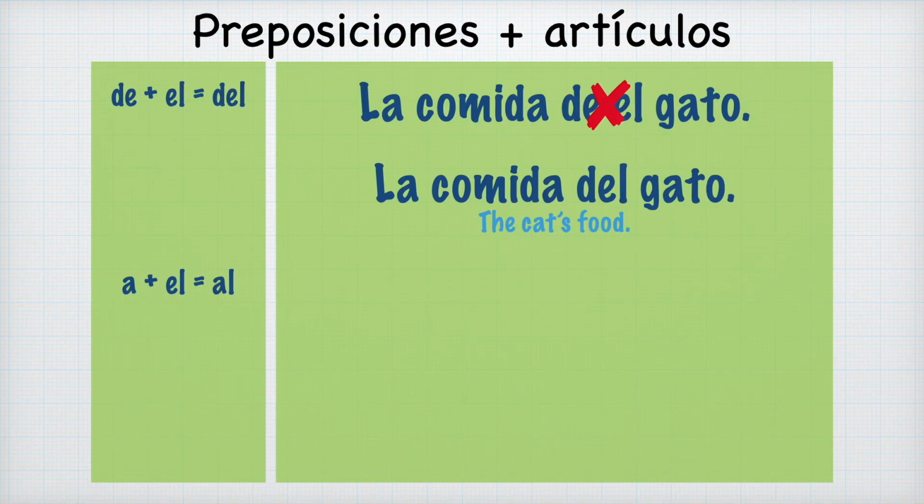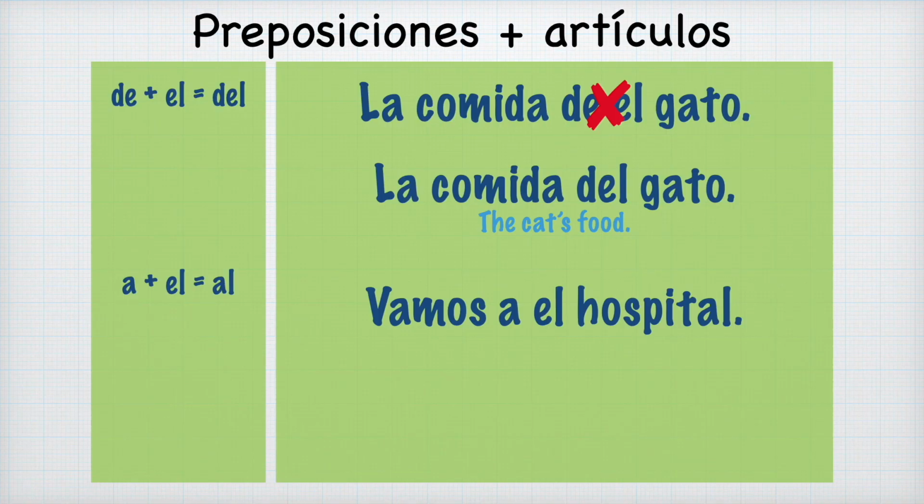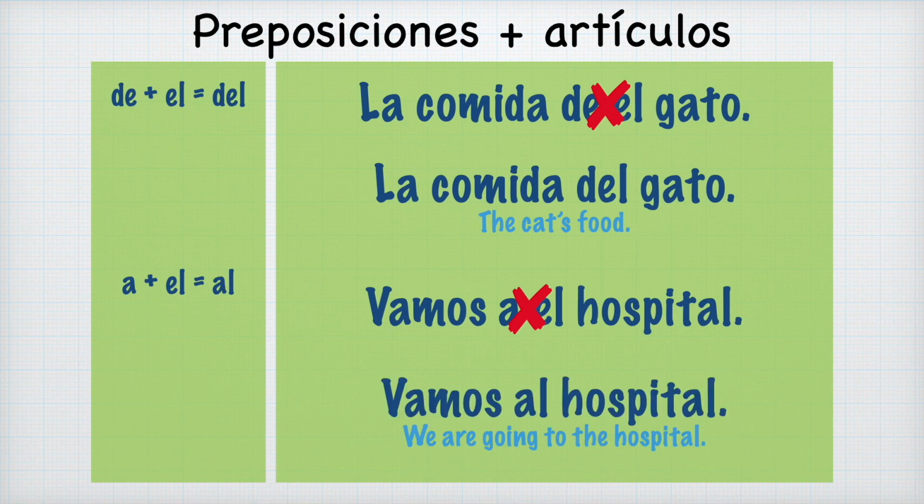Similarly, when you have the preposition a plus el, we're not going to say a él, we're going to say al. For example, vamos a el hospital. This doesn't sound correct, so we're going to combine a él to form al. Vamos al hospital, and it means we're going to the hospital.